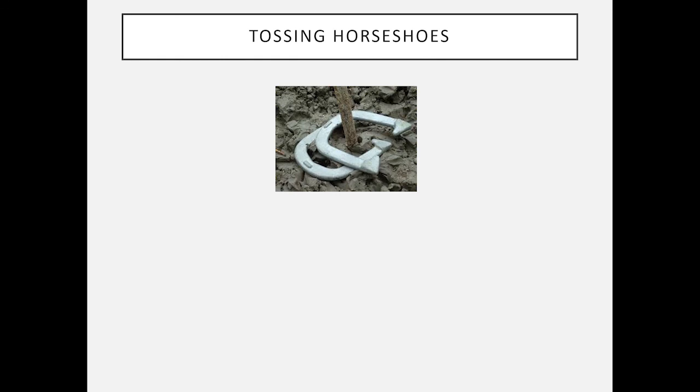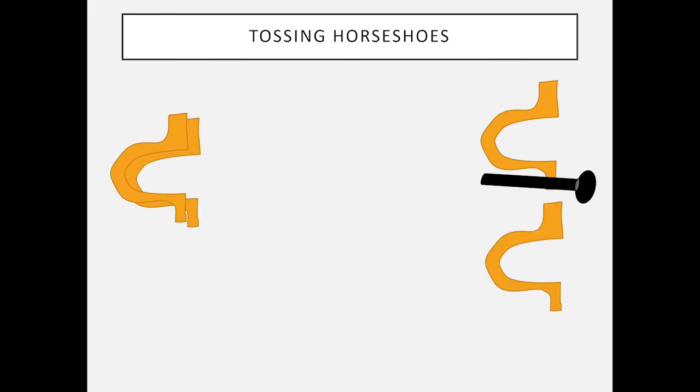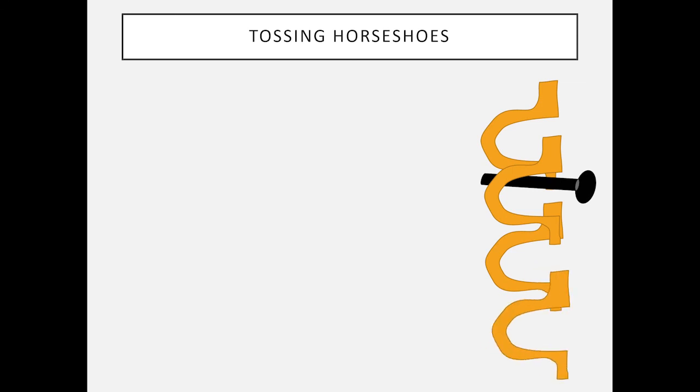A good way to think about this is a bit like the game of tossing horseshoes. You know, people take the metal portion of the foot of a shoe, they toss it at a pole. Let's see what this means. Several horseshoes. We toss them, misses. Misses. This one hits the target, and this one misses. So we can sort of imagine it this way.